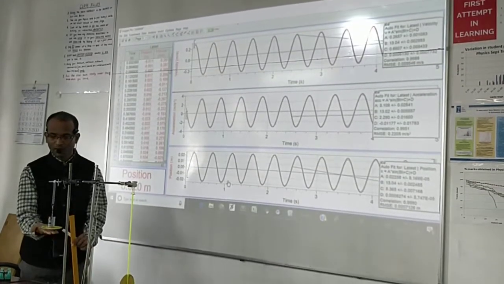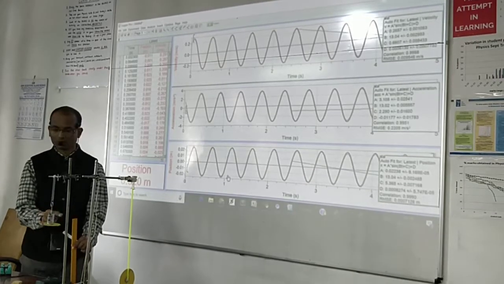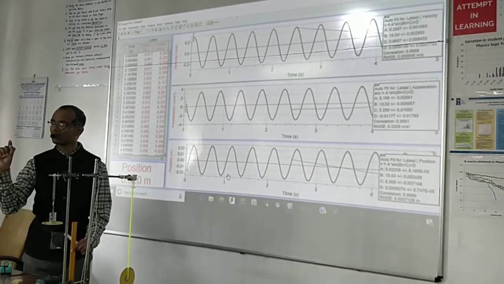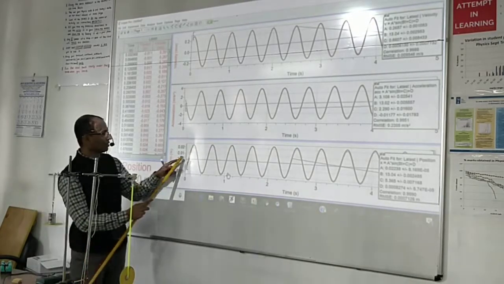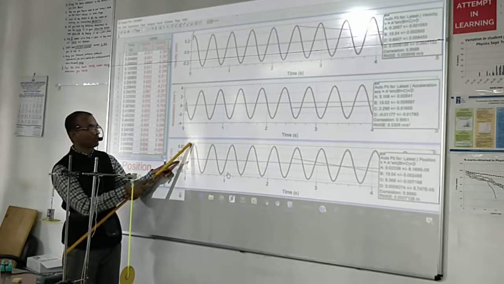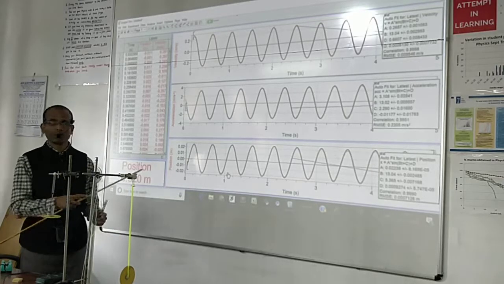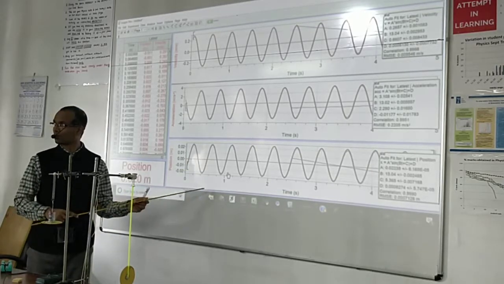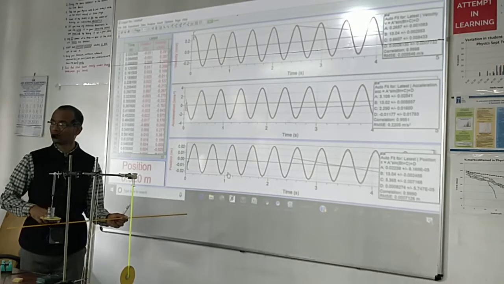When I displace it like this, how much do you think it moved from its equilibrium position? Around 1 or 2 centimeters? Now you see here, this is 1 centimeter, 2 centimeters. So it's showing the maximum displacement from its equilibrium position, or the distance from the principal axis, the y equal to 0 position. That's where you drew the line.